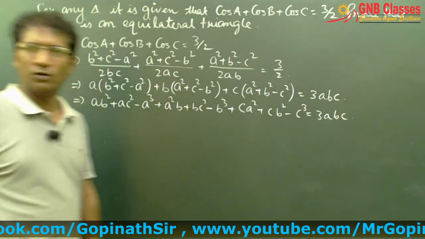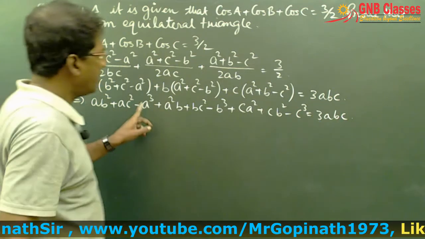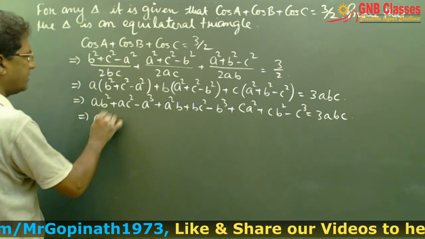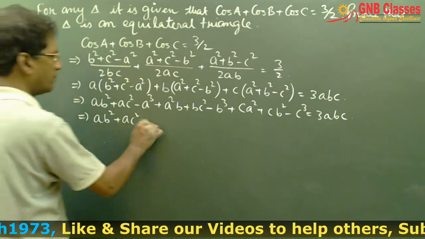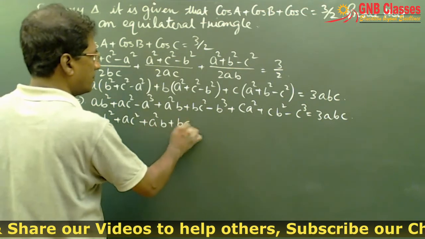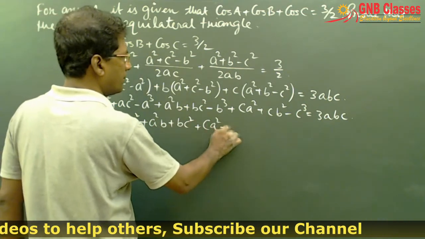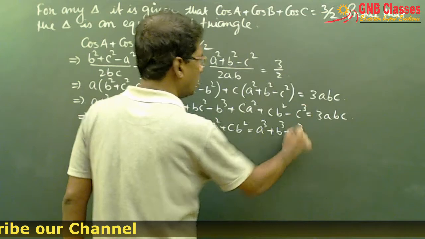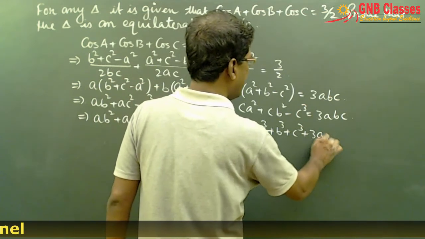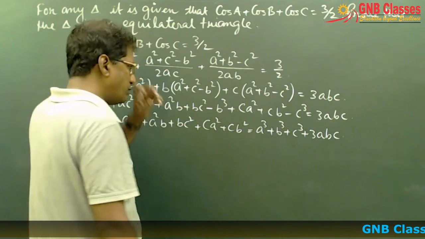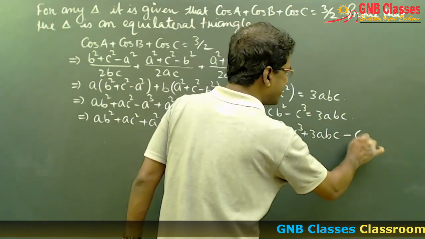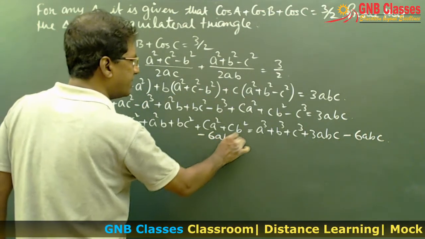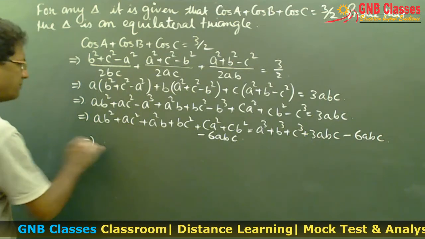Is it okay to all of you? Okay. Now, I'm taking a cube, b cube and c cube on the right hand side. So we are left with, in the left hand side, equals a cube plus b cube plus c cube plus 3abc. Okay. So what I'm doing here is, I'm writing minus 6abc over here and I am subtracting 6abc in the left hand side also. So what we are going to get from here?